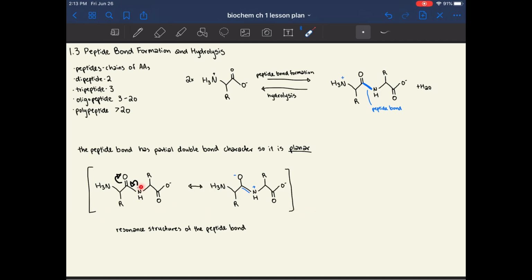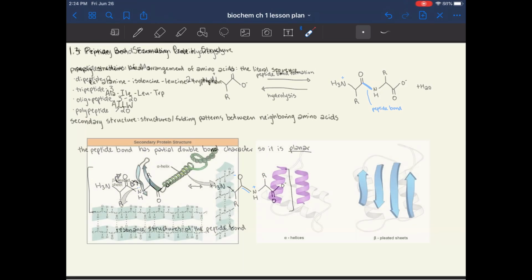So the lone pair of this nitrogen can move over here, and the electrons here can kick up into the oxygen, forming this resonance form. And this resonance form is important because it shows that this peptide bond has double bond character. And as you can remember from organic chemistry, double bonds cannot freely rotate. So this peptide bond cannot rotate, and so this R group will stay on the bottom, and this R group will stay on the top.